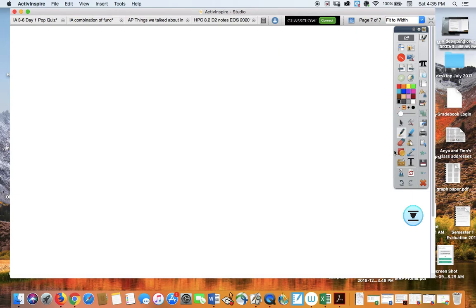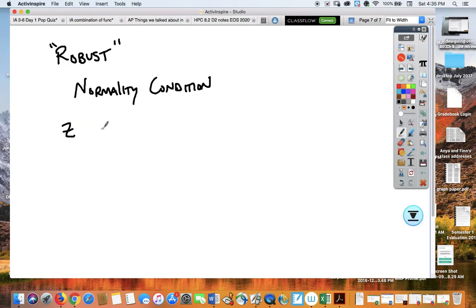Another question that students have asked is the whole idea of robust. And robust is dealing with the normality condition. So here's how it works. If you are doing a Z interval or test, it has to be perfectly normal.